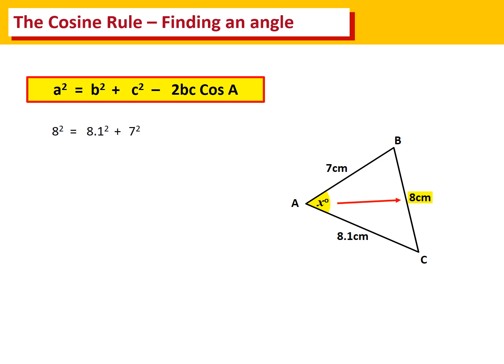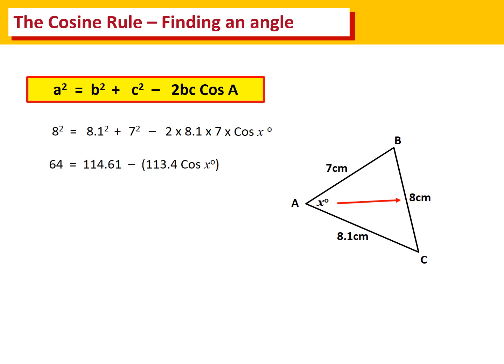So that would be 8.1 squared plus 7 squared. The next bit of the formula is subtract 2bc. b and c are the other two lengths here, so bc would be 8.1 and 7. And then times, on the end, cosine A, where in this case the angle is X degrees. So cosine A means the cosine at vertex A, which in this case is X degrees.